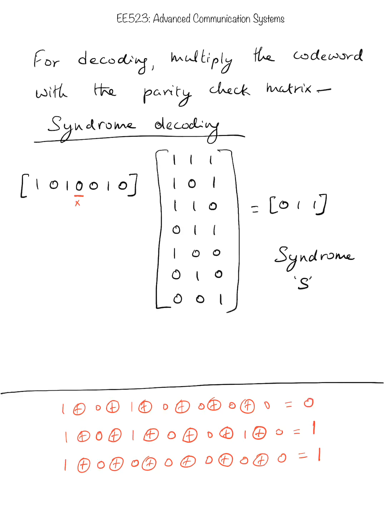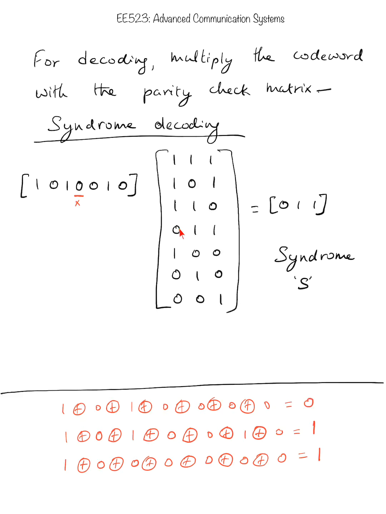If you notice now, this syndrome matches with the fourth row of the parity check matrix. So row 4 here, 1 2 3 4, is 0 1 1, and that's exactly the syndrome that we have obtained here. So the decoder compares with all of them and sees which one matches.